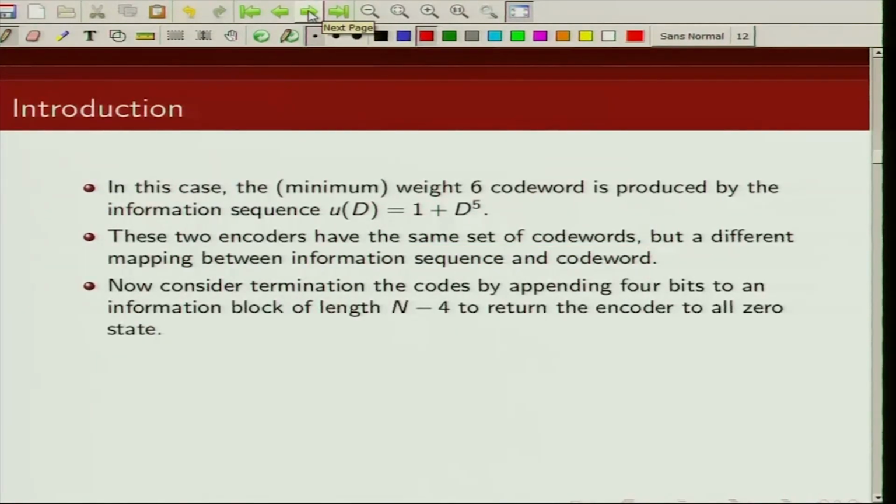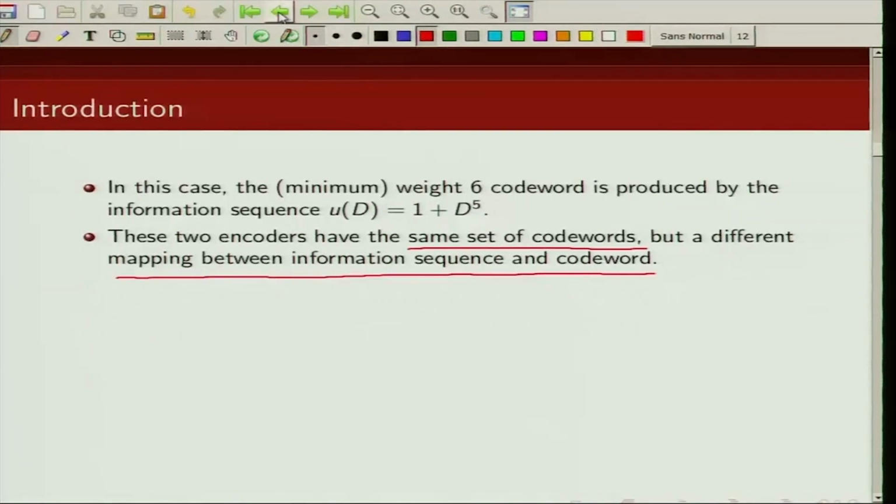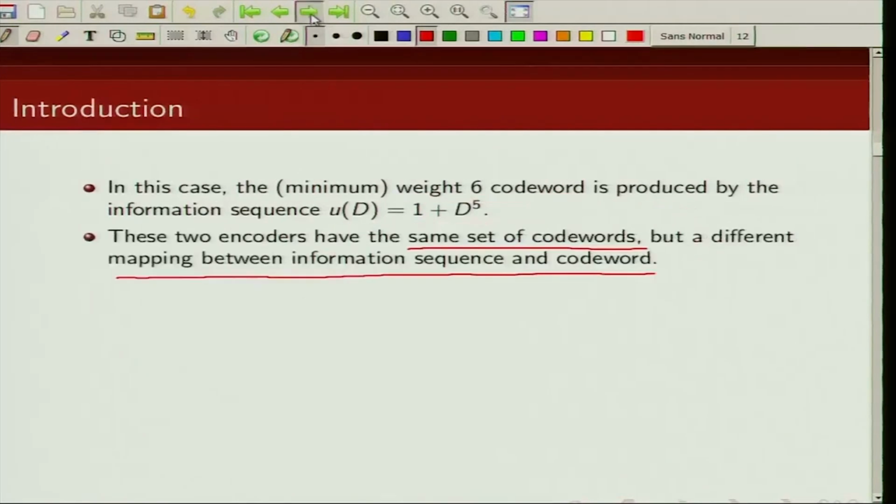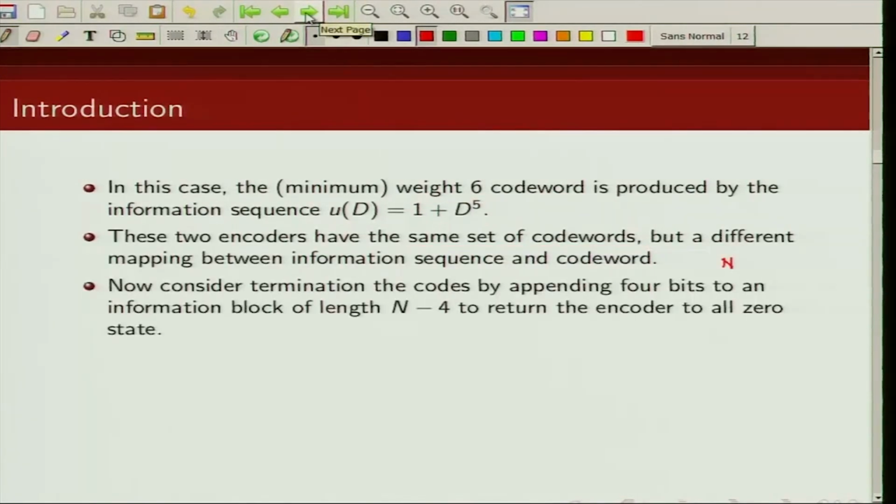Now let us consider a terminated convolutional code. Let us say our overall information block size we want is n. In this example, since the memory is 4, this is a rate 1/2 memory 4 code. If we want to terminate this encoder, we would require 4 termination bits. So let us consider an information block of length n minus 4, and to this we will add 4 termination bits.